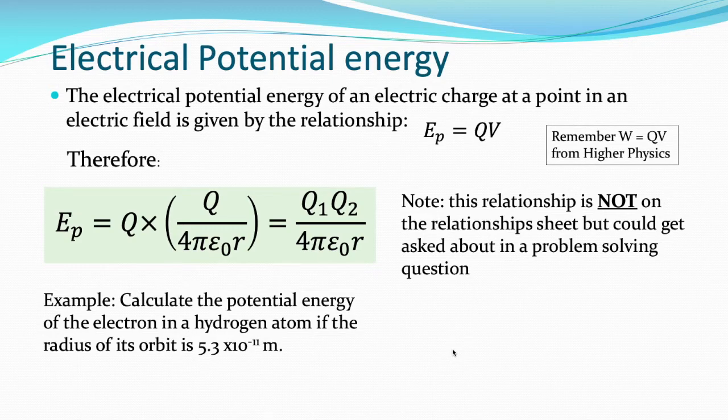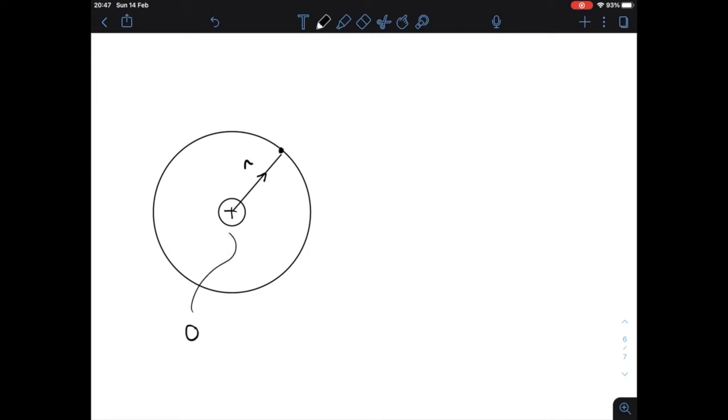Let's show you that on a wee note. Right, so here's my hydrogen nucleus, that's the proton at the centre of the hydrogen atom, and there's my electron orbiting around it at a radius of 5.3 times 10 to the minus 11 meters. Now, the charge in the middle we'll call Q1, that's the charge that's producing the field, that's the proton.